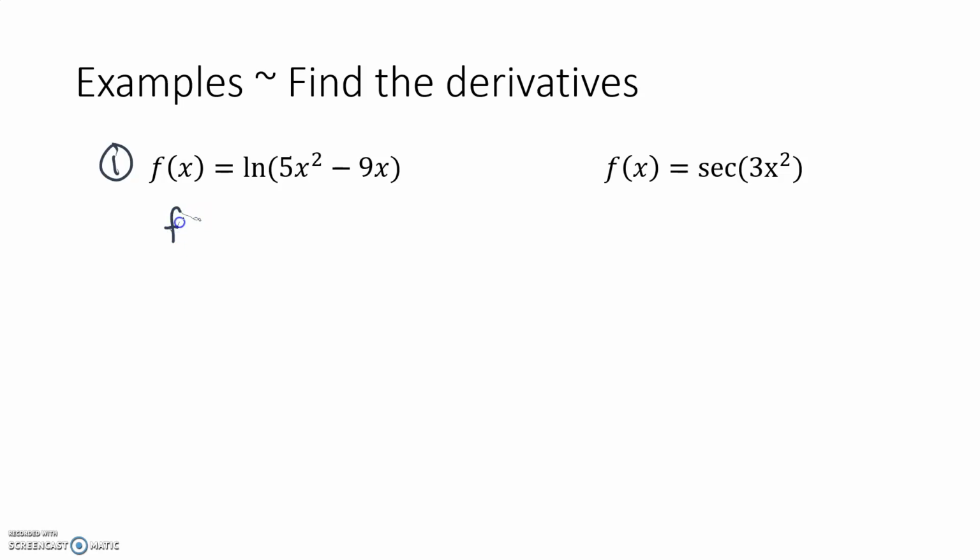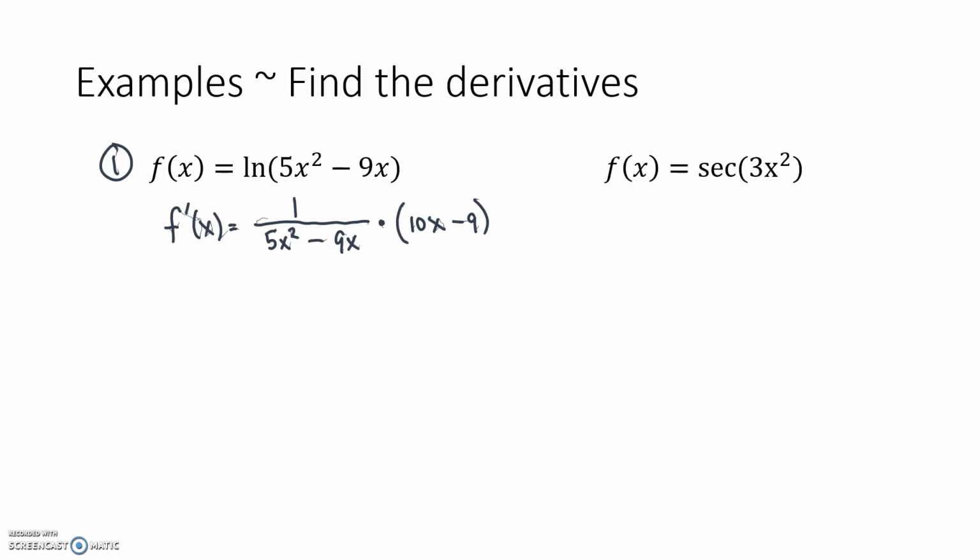So if I'm doing the derivative, do the derivative of natural log, which is 1 over x. But I'm not going to write 1 over x because I'm going to leave the baby alone. So I'm going to write 1 over 5x squared minus 9x. And then multiply that by the derivative of the baby, which is 10x minus 9.